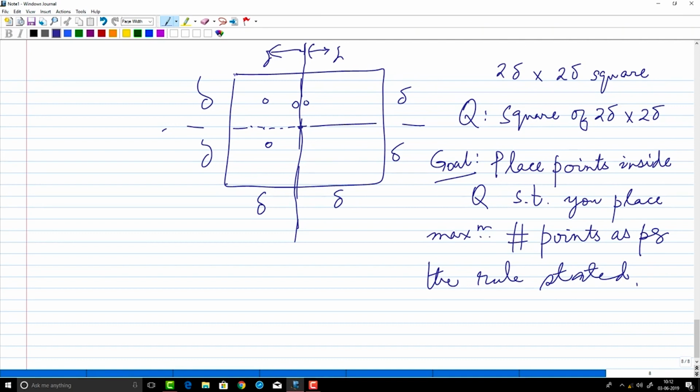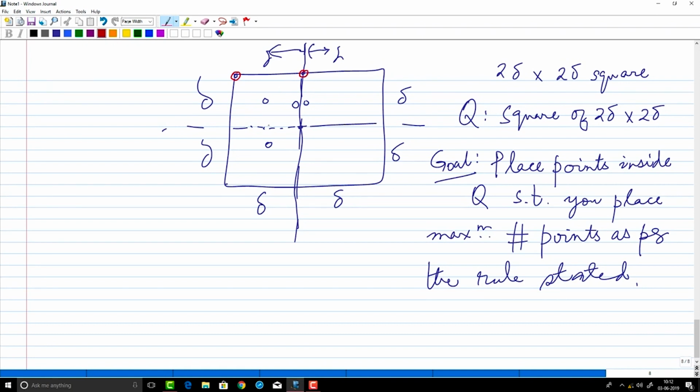So, I place a point here, place a point here, greater than or equal to, I said. Let us go for red. So, you can place a point here, here.